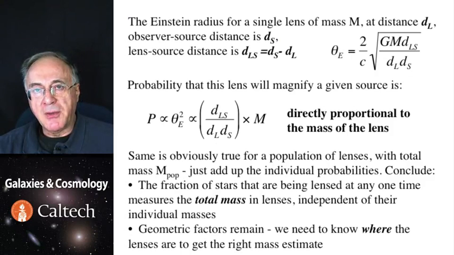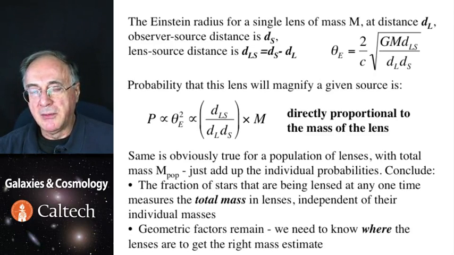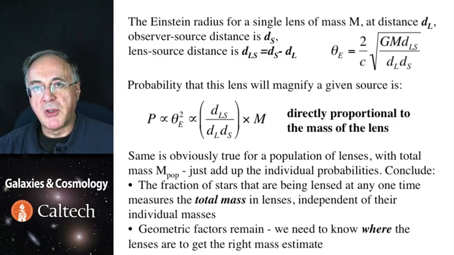Recall that the Einstein radius essentially defines the cross-section for strong lensing. And in this case, it will be the critical impact parameter for a lens passing along the line, close to the line of sight. Because the mass of the lens enters under a square root in the Einstein radius, and the area of the cross-section is the square of that, it will be directly proportional to the mass of the lens.